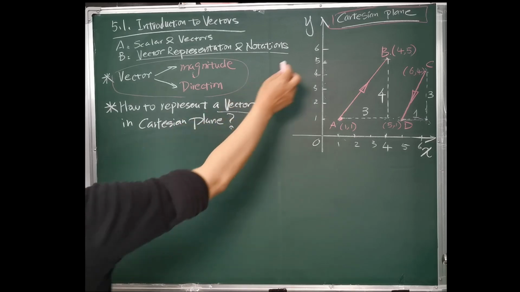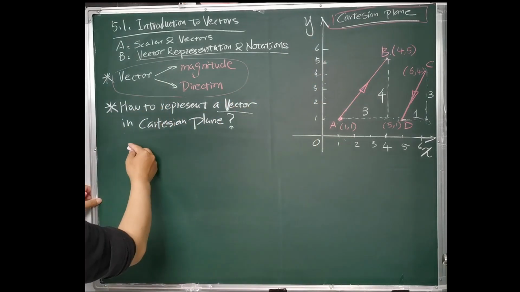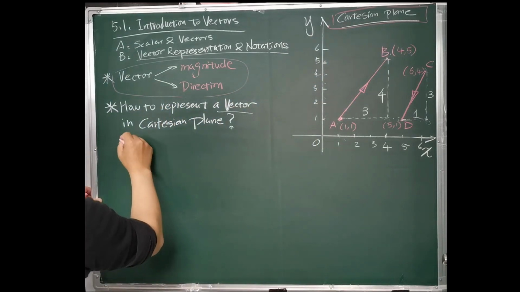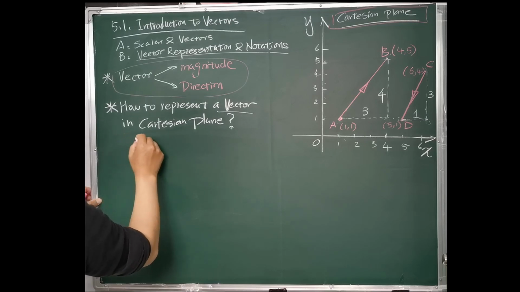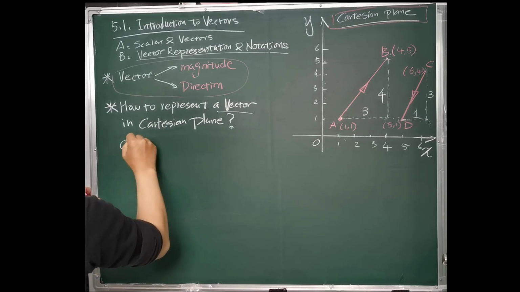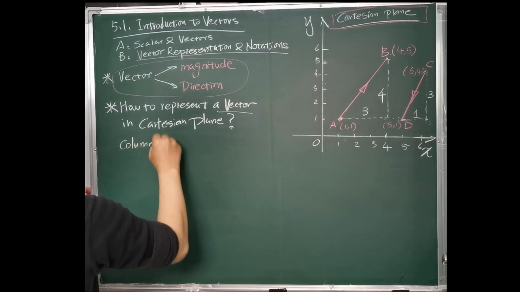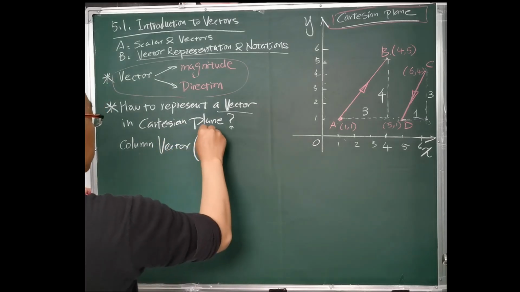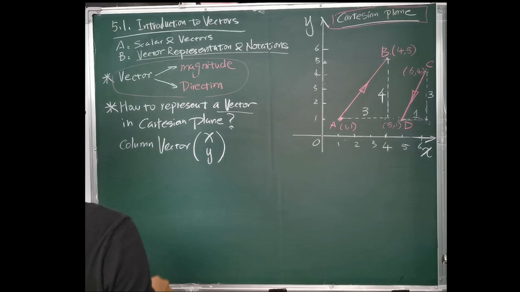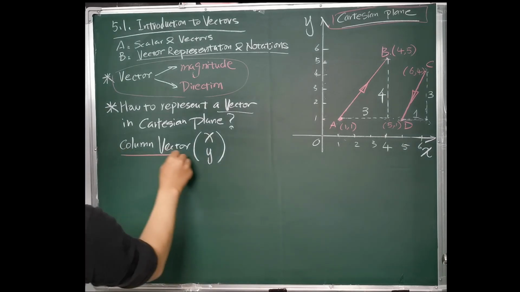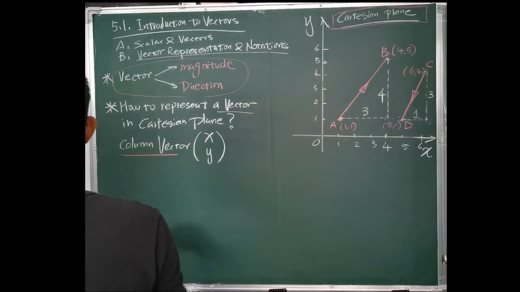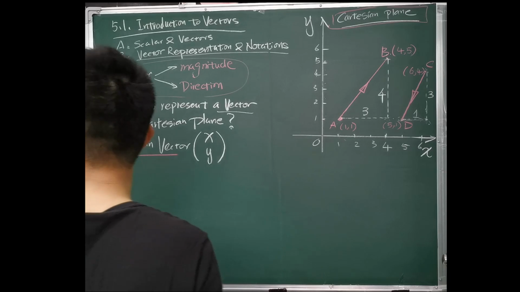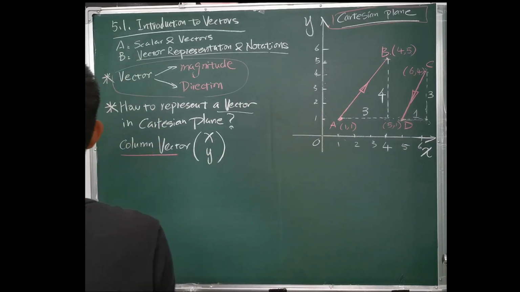So in the Cartesian plane, we can write a column vector such as X and Y, right? We call it a column vector, representing X units and Y units.